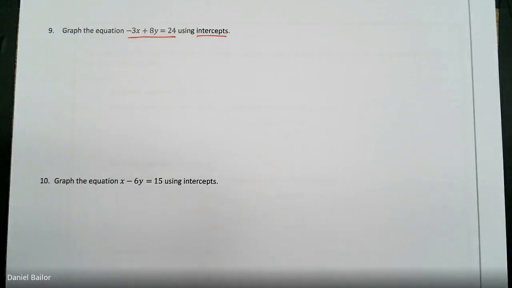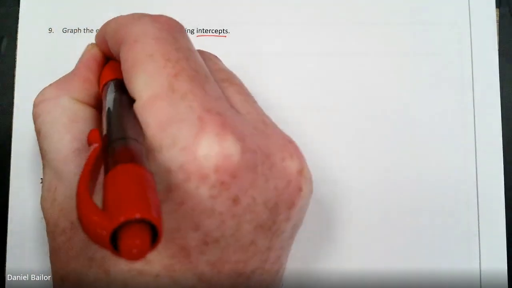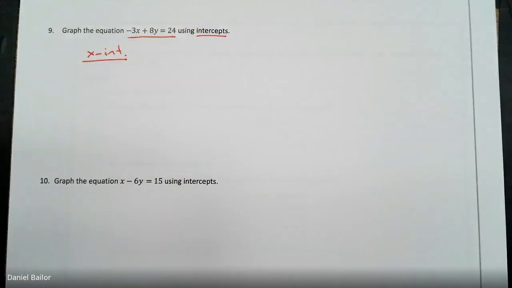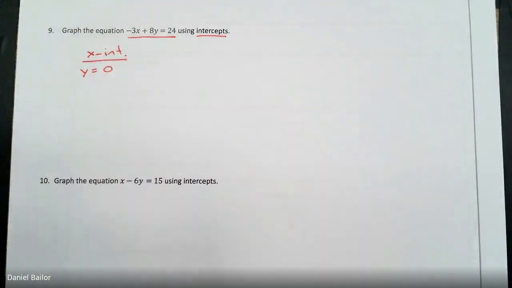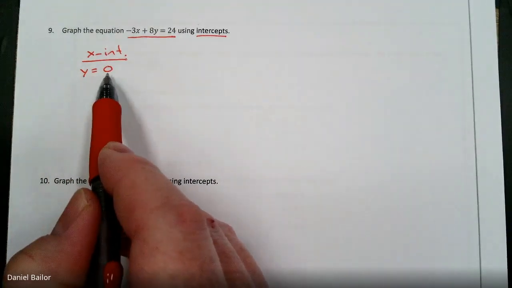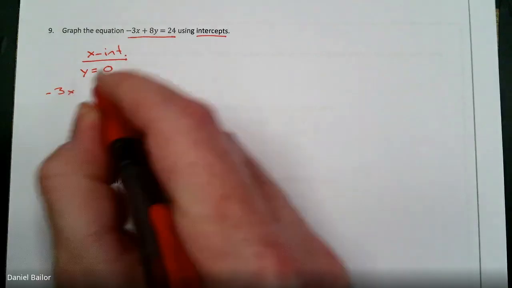So let's start step 1, find the x-intercept. Well, we know the x-intercept is when y equals 0. This is how we find the x-intercept. We make y 0.